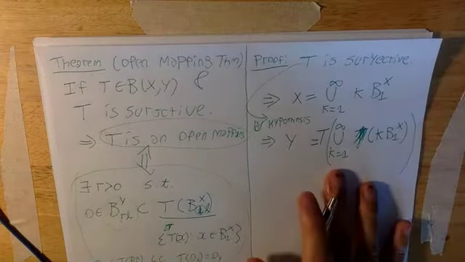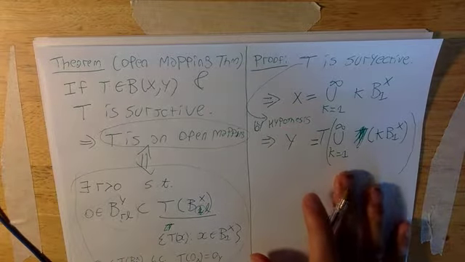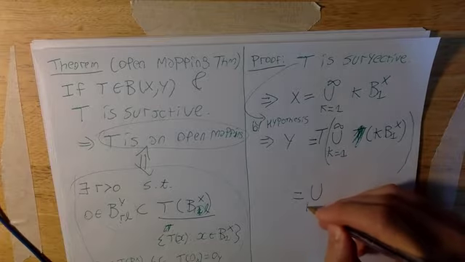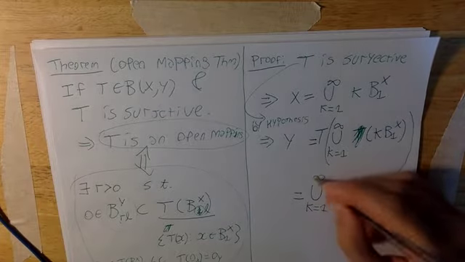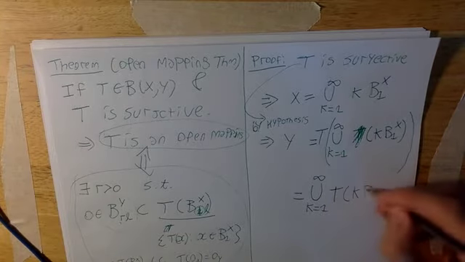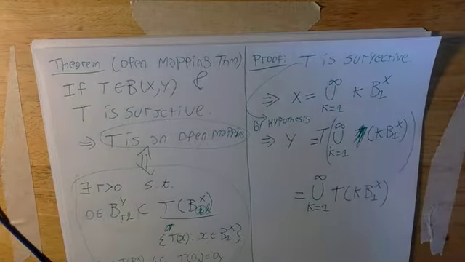But now the union of these images, we can take it outside. So this is just the union of k equals 1 up to infinity of T of k times B1(X).